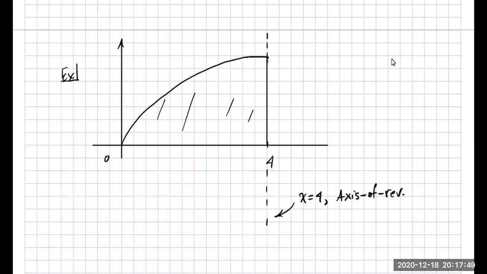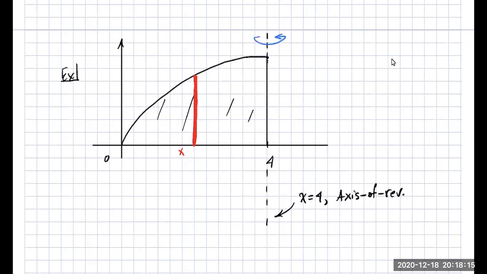Now, we start with a differential rectangle, being consistent with what we've been doing for a while now. Here's our differential rectangle. Now we're going to revolve the whole region around this vertical line.